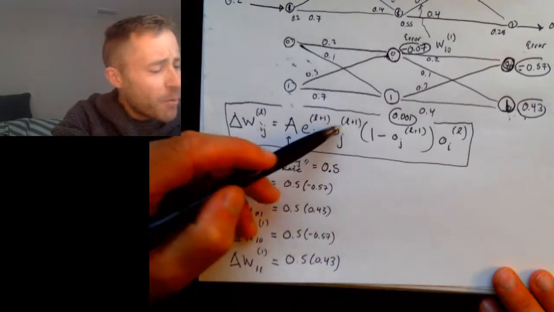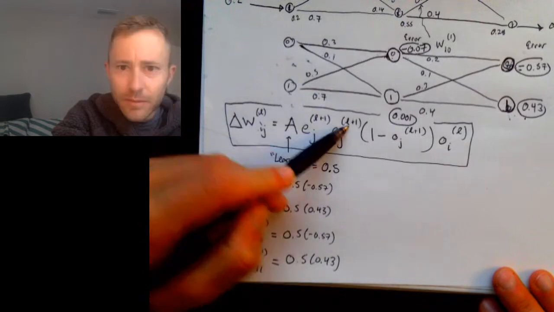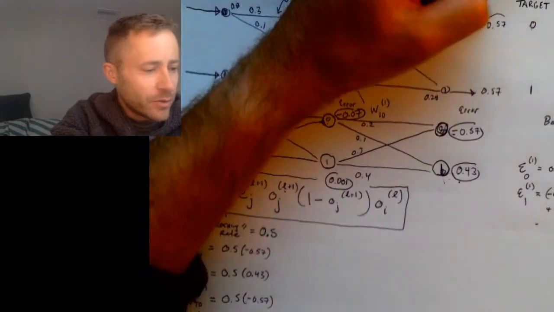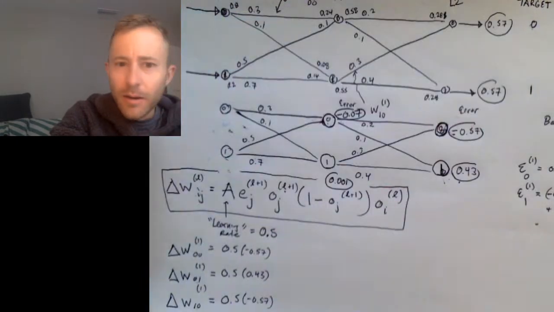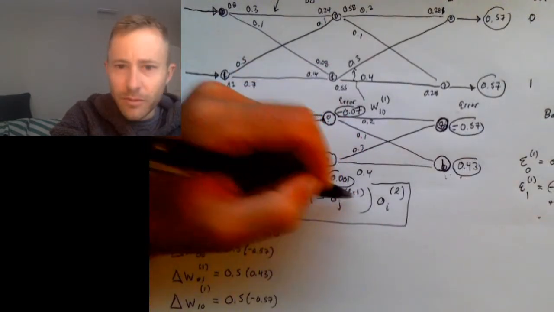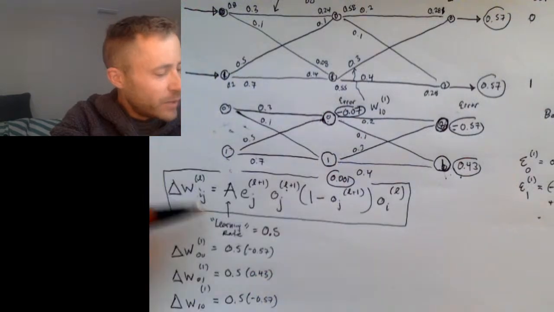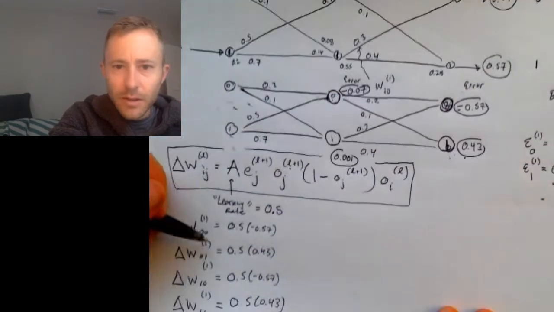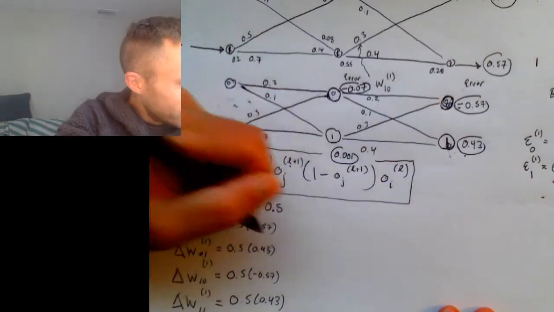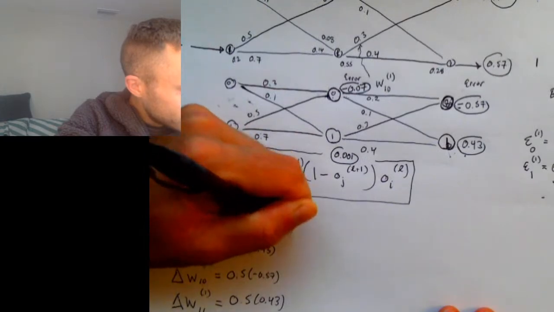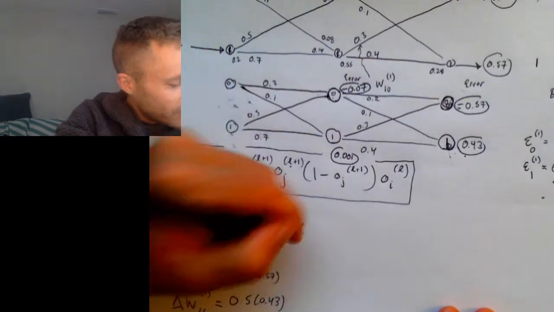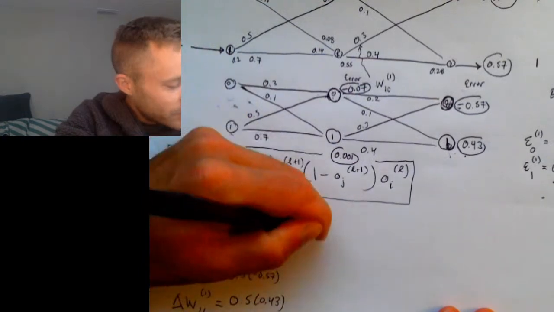Then I have the output in the layer in front. So the outputs are these two numbers, right? And it's in the layer in front, and again it follows J, which is the second index. So the output of 0 is 0.57. And then notice how I have times 1 minus the same thing. So I have times 1 minus 0.57.